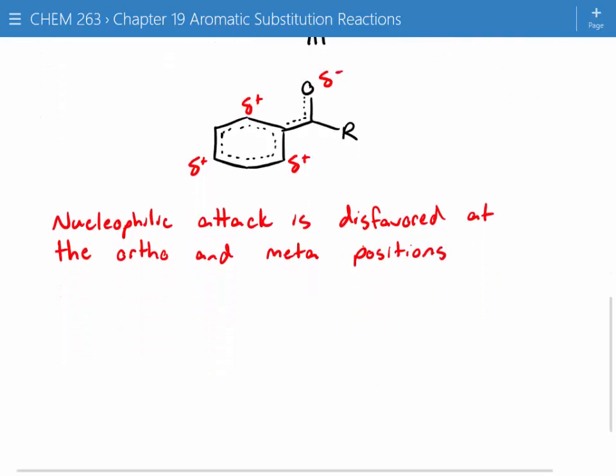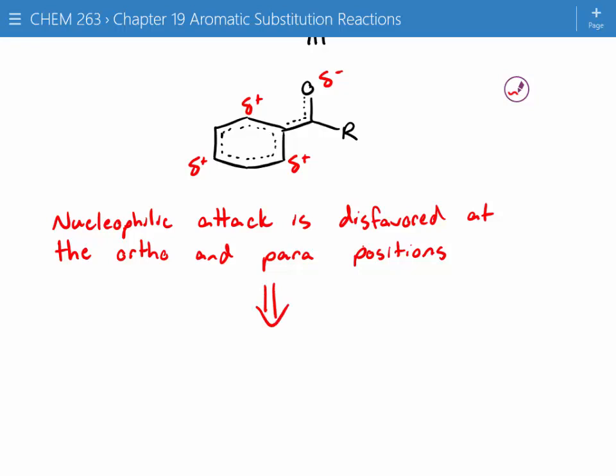So nucleophilic attack is disfavored at the ortho and para positions, which means that the attack is going to occur where? Probably in the meta position. It's not going to occur at the positions where you have a partial positive, which means the only one left will be the meta position. The ring is doing the attacking.